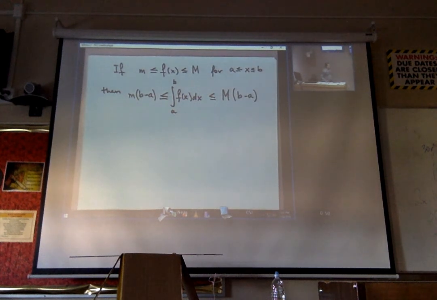So simple question, well, how do we get these on the left and on the right side?